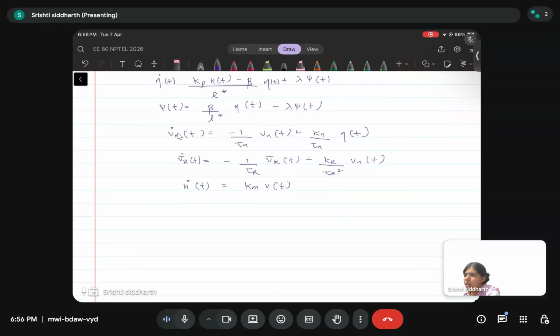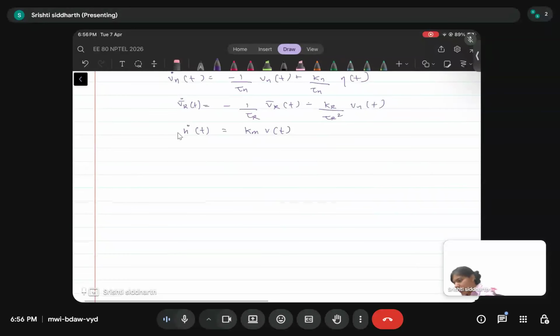The last one is an important equation in which H is the control rod position with respect to its equilibrium.